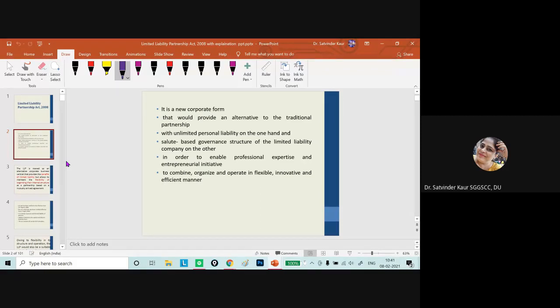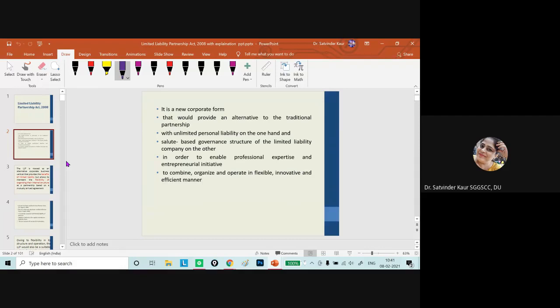So what the objectives will be, how the corporate will be run, and how the participation of the different parties will be in respect of management and all, everything is governed by the law, and as per the law, the particular organization exists.